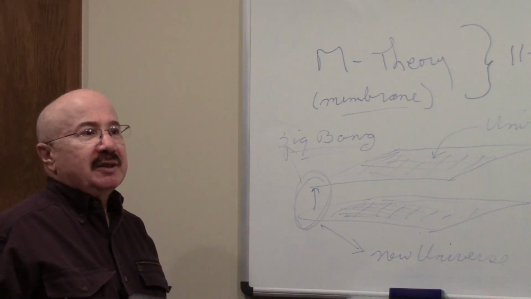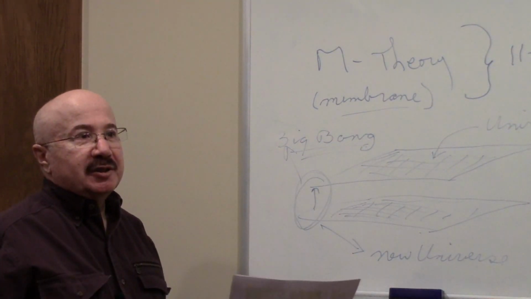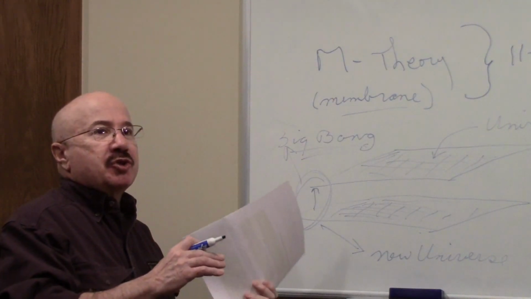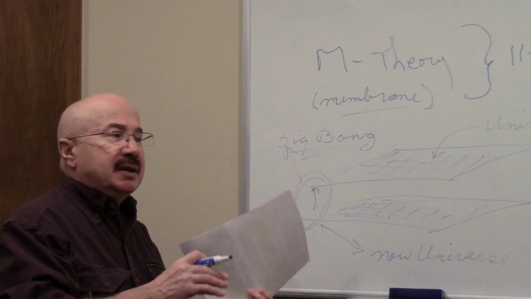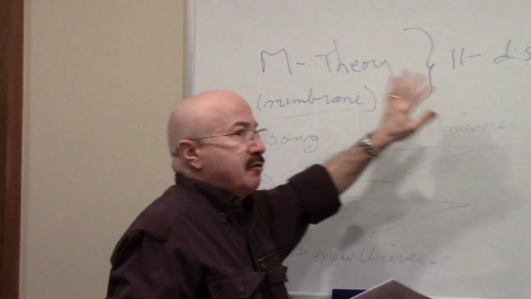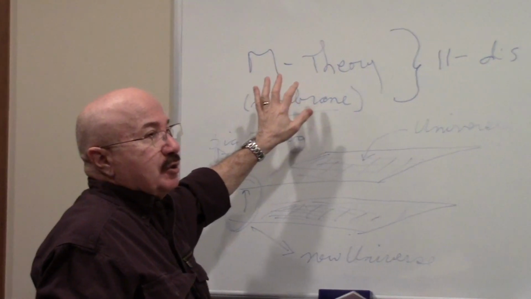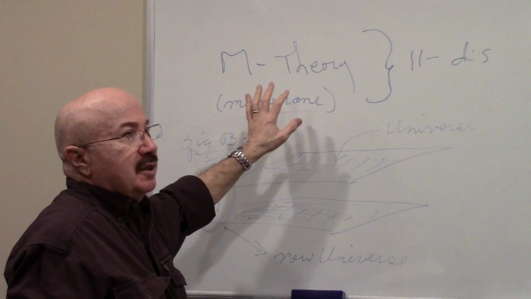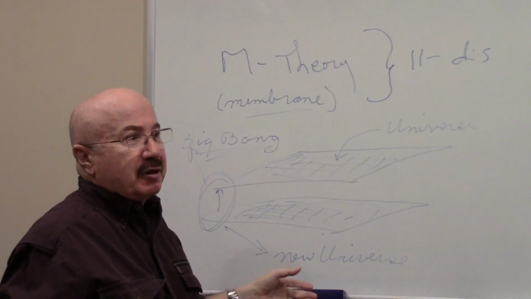We have a theory that's being postulated to explain some of the issues associated with the Big Bang. That doesn't mean it's wrong, because the 11 dimensions of M theory do help us understand other issues that we are facing.